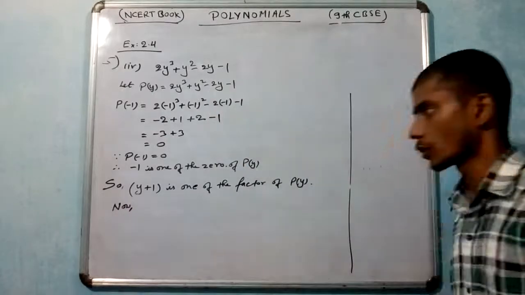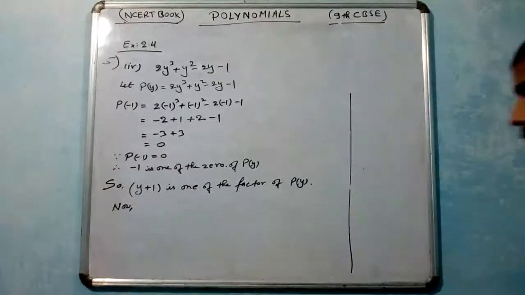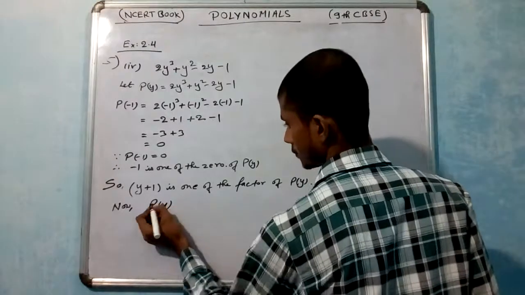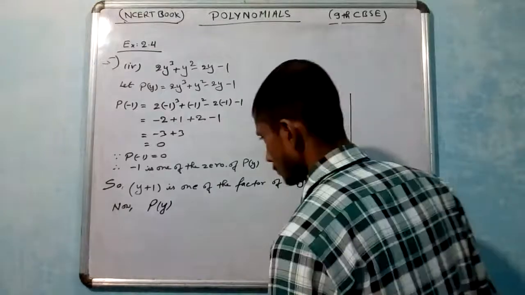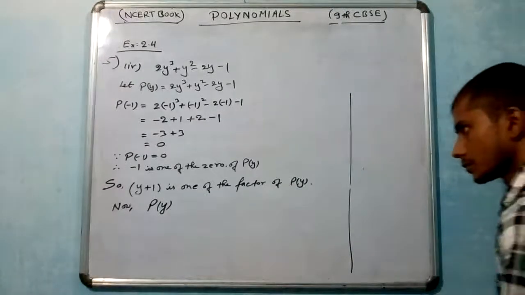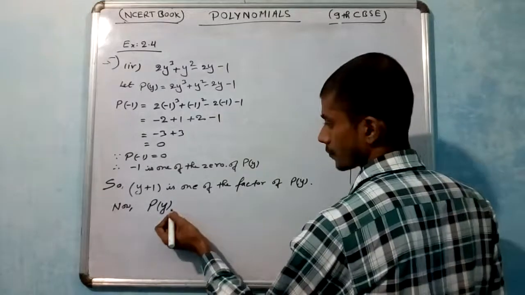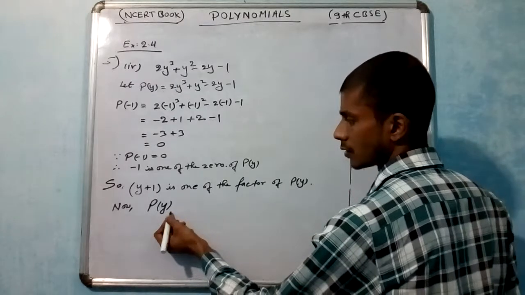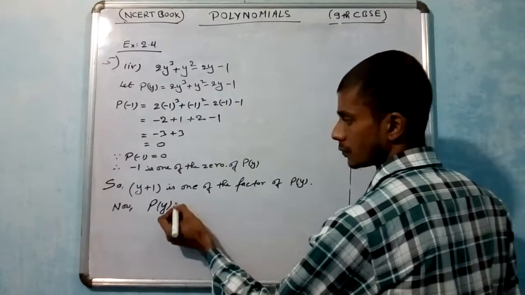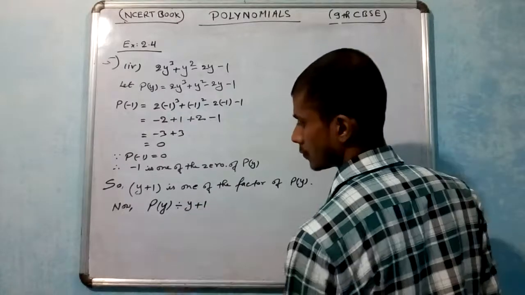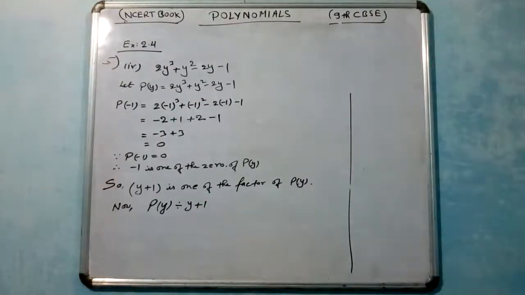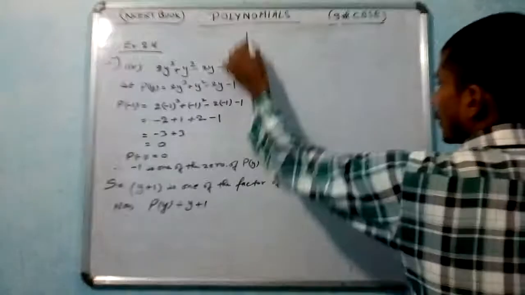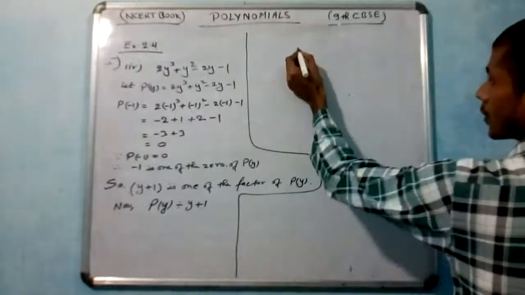Now what do we do next? We got the factor. Next what? What should I write first? Now let's divide it.